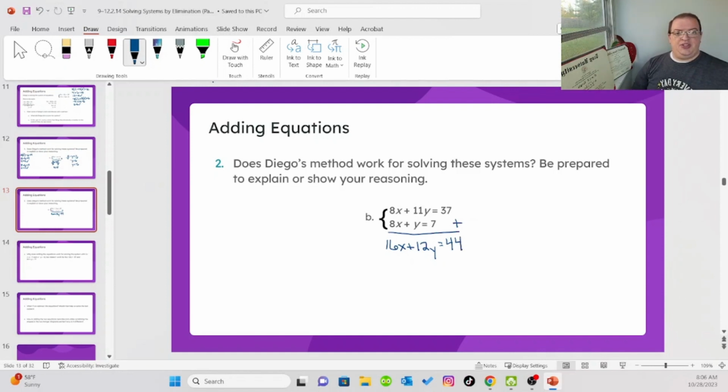So Diego's method does not work for this system of equations because adding them together did not eliminate any variable. So I still have an equation with two variables and no way to solve it.